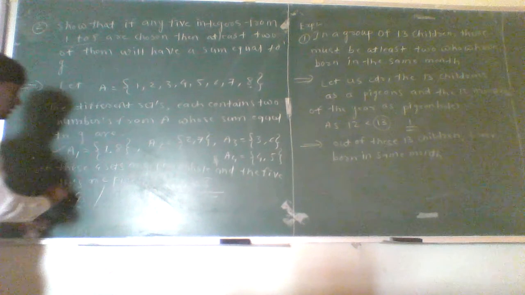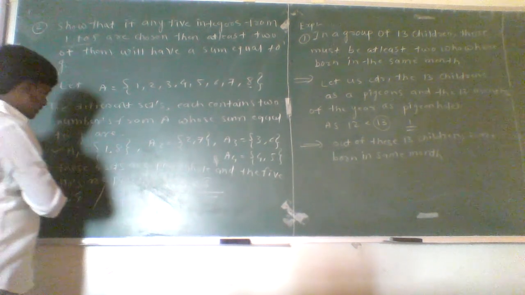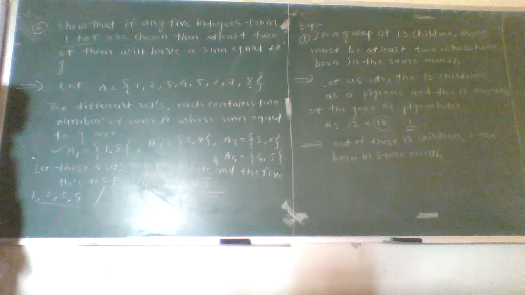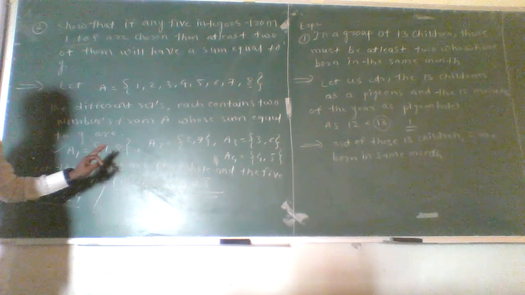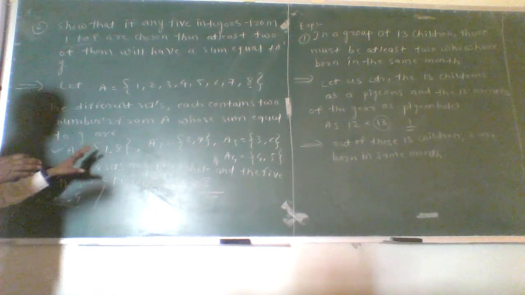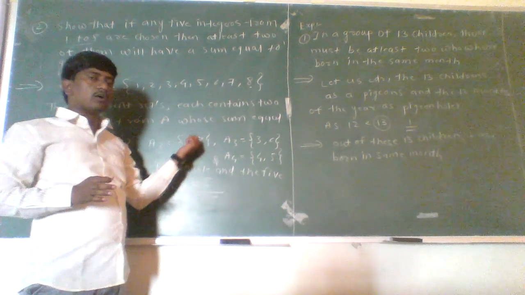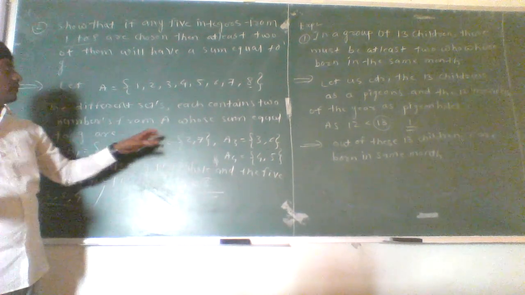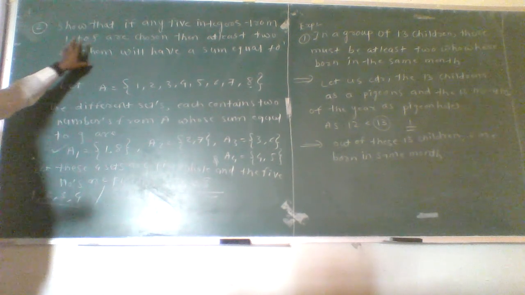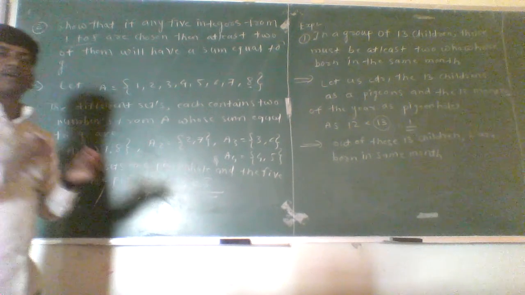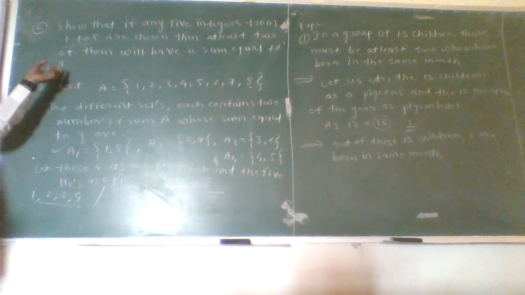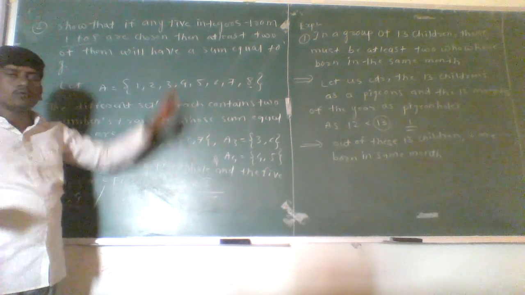If we take 6, then 3 plus 6 is 9. If we take 7, then 7 plus 2 is 9, and if we take 8, then 8 plus 1 is 9. Similarly, if we take any 5 elements from these 8 integers, then at least 2 of them belong to one of these sets. Therefore this is the required result. That is, if we choose any 5 integers from these 8 integers, then there must be at least 2 integers whose sum is equal to 9.